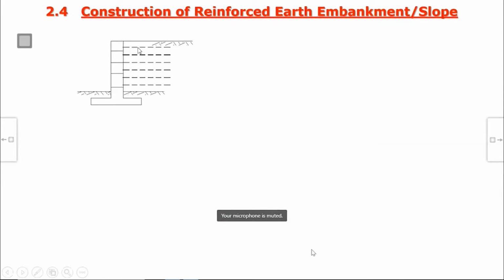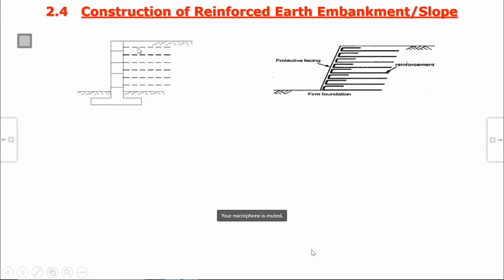But by reinforcing the slope, you can make a very steep slope, like you can see in this case. This is the reinforcement which is provided here, and it is wrap around sort of thing. And then you always provide a protective facing. I will tell you the reason why we provide protective facing.